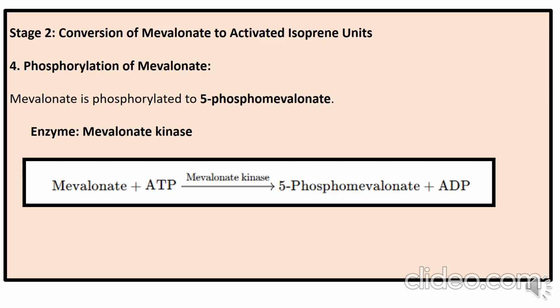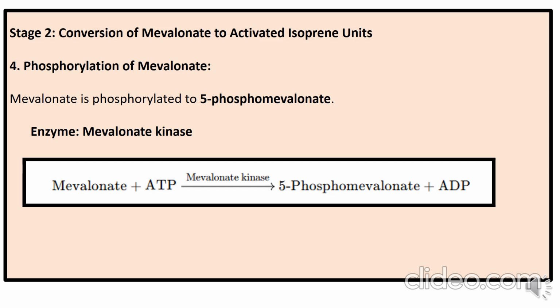So the phosphorylation of mevalonate step involves the addition of a phosphate group to mevalonate, and this results in the formation of 5-phosphomevalonate. I repeat, a phosphate group is added to the mevalonate to form 5-phosphomevalonate, and this occurs in the presence of the enzyme mevalonate kinase. So mevalonate plus ATP gives 5-phosphomevalonate plus ADP.